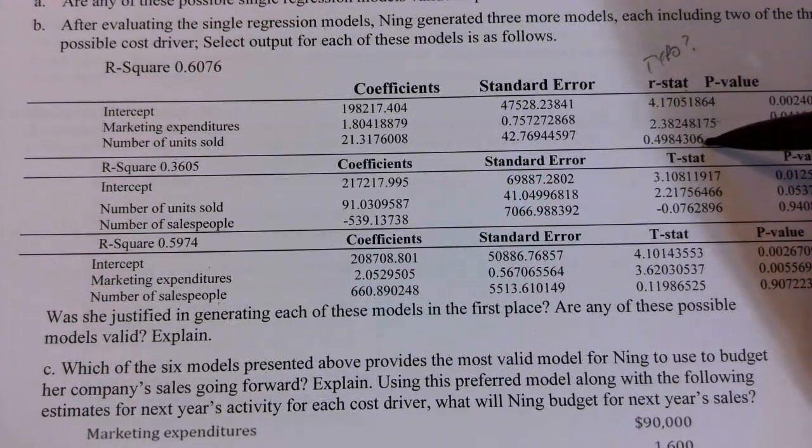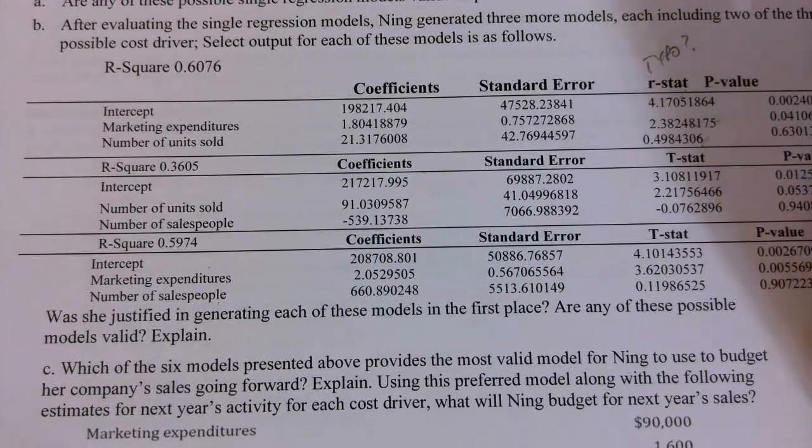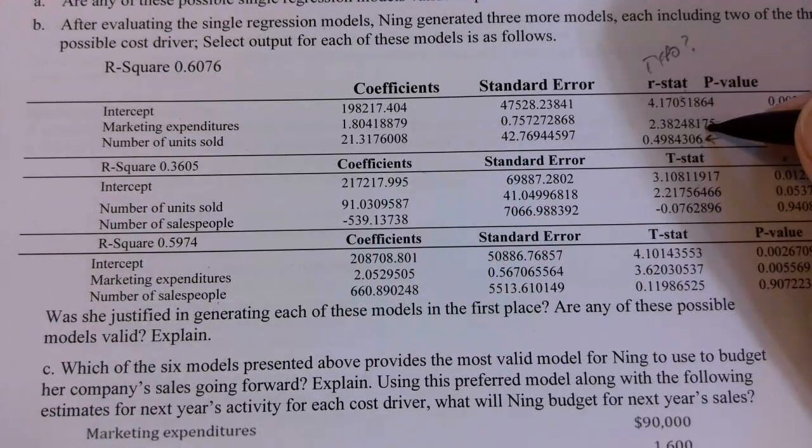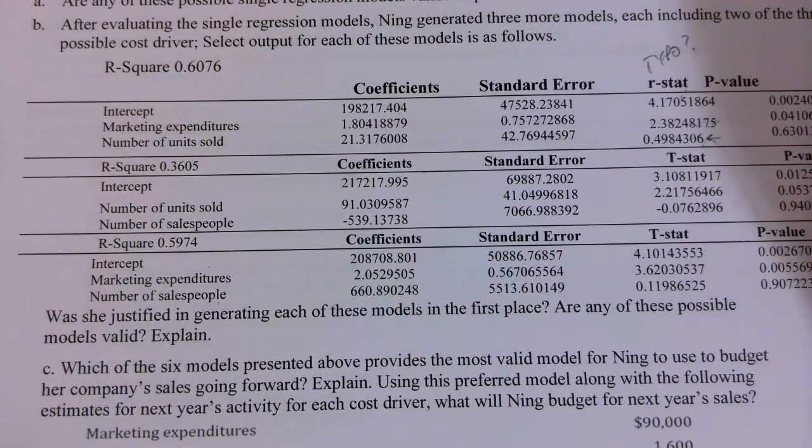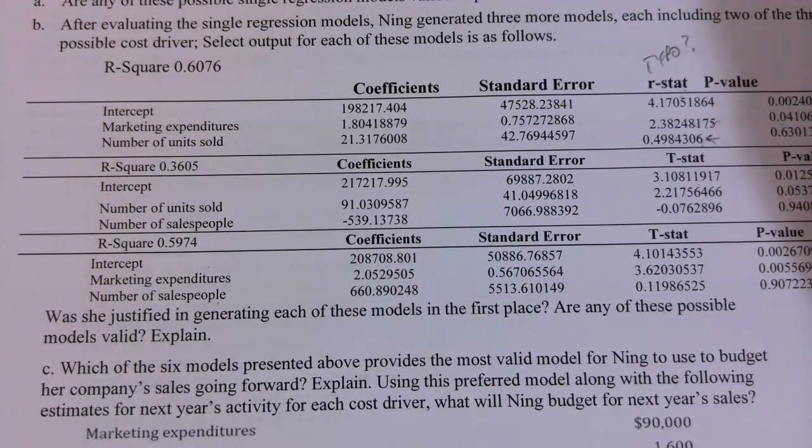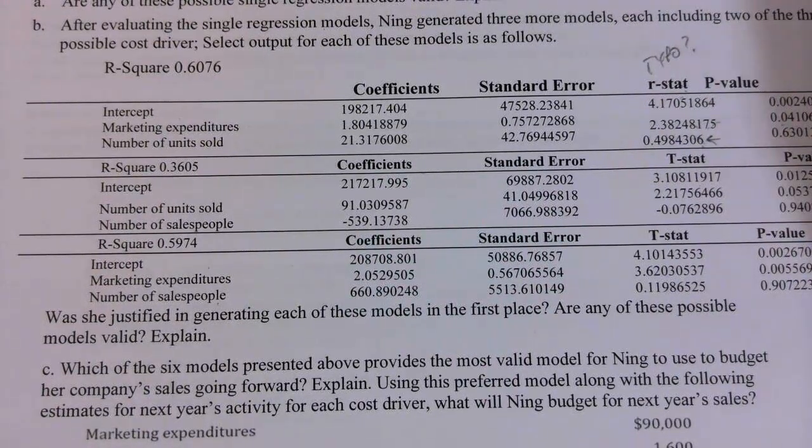Whoops, I'm sorry, the number of units sold is not greater than 1.96, but the marketing expenditures are, so I think marketing is really carrying this. The number of units sold just doesn't really predict sales. The p-value bears that out: the p-value for marketing is 0.04, which is less than 0.05, so this is the one we'd be interested in.